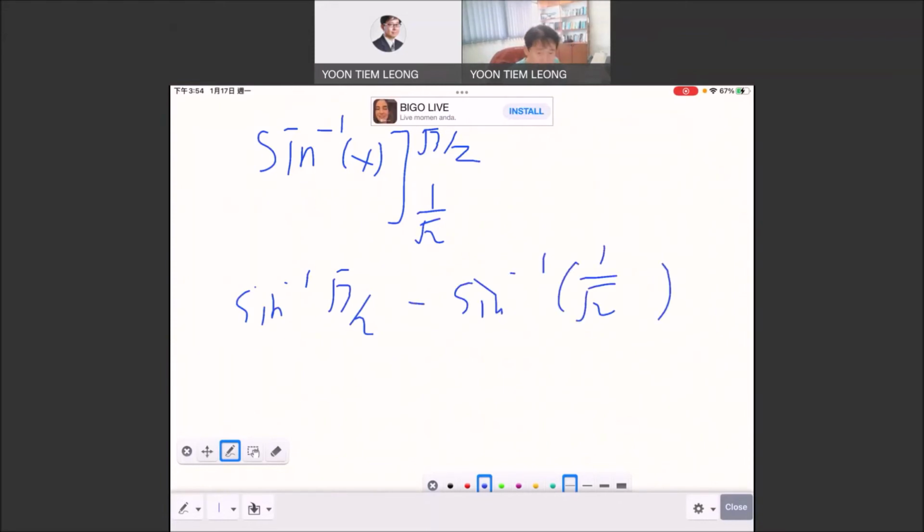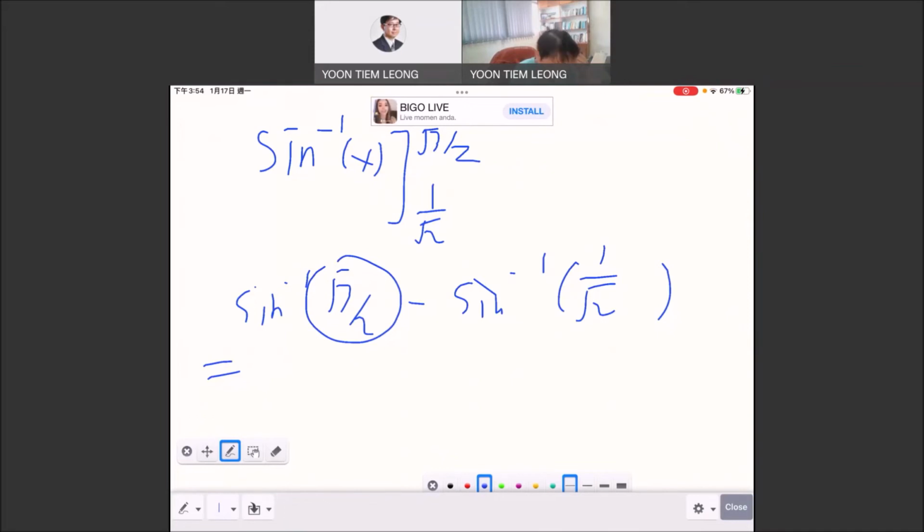Right? So if you can remember this quite well, then for arcsine of square root of 3 over 2, you can either ask the calculator or you remember from the table that we mentioned earlier. So this is sine of 60.